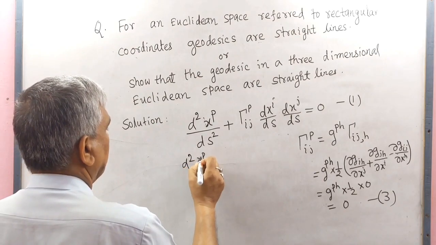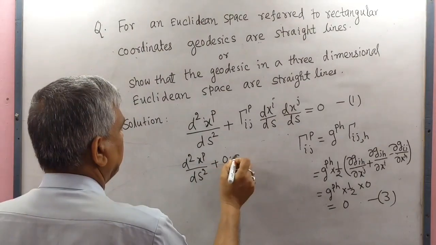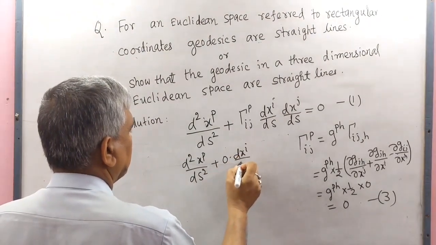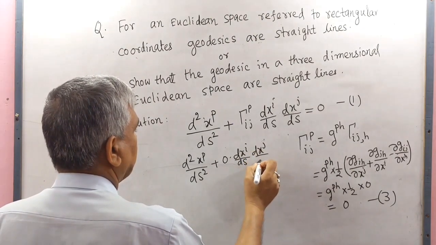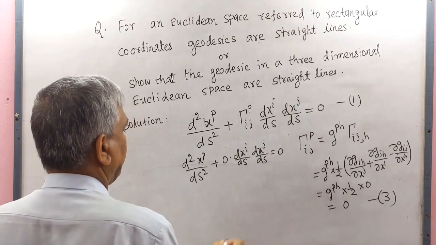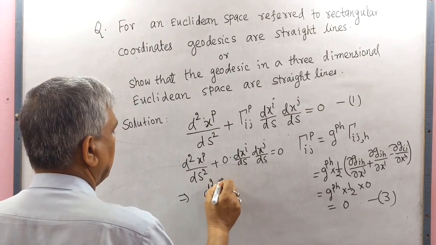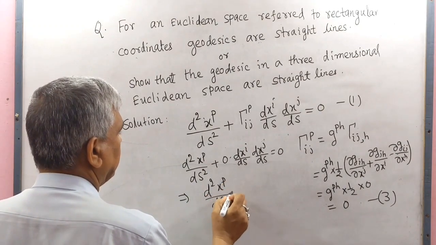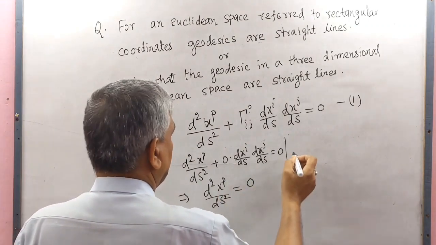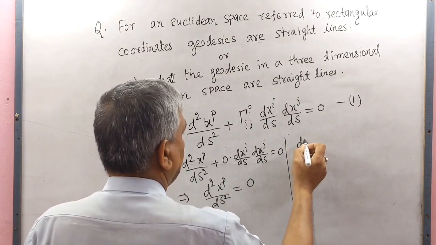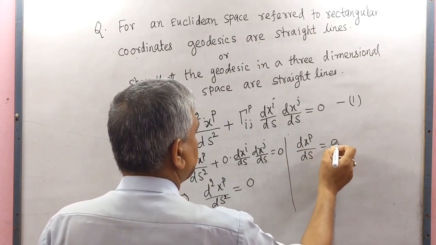d2xp by ds square plus 0 into dxi by ds dxj by ds equal to 0 implies that d2xp by ds square equal to 0. Here we integrate: dxp by ds equal to a constant ap.